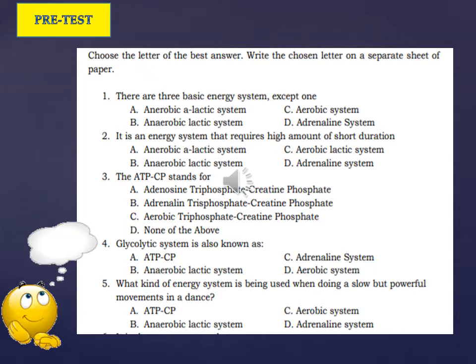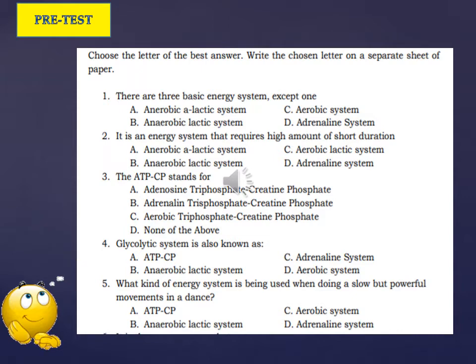3. The ATP-CP stands for A. Adenosine triphosphate creatine phosphate. B. Adrenaline triphosphate creatine phosphate. C. Aerobic triphosphate creatine phosphate. And letter D. None of the above.